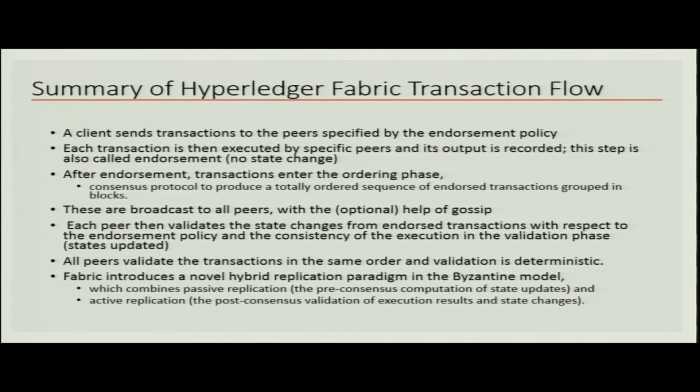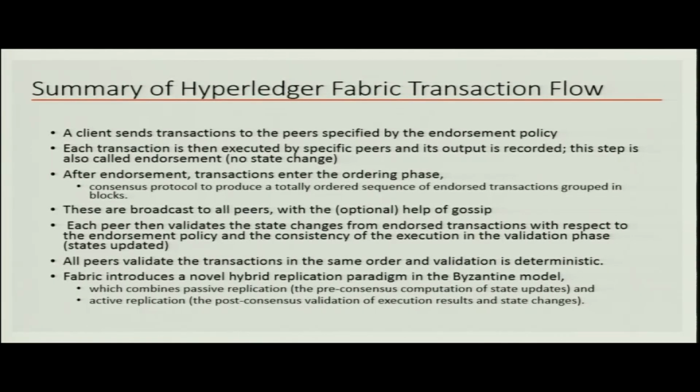Each peer then validates the state change from the endorsed transaction with respect to the endorsement policy, and then the consistency of the execution of the transactions by looking at the version numbers of the states of the data that is being read or written due to this transaction.